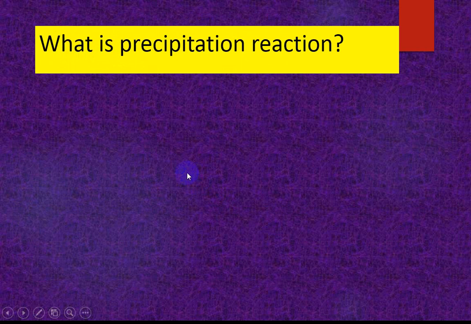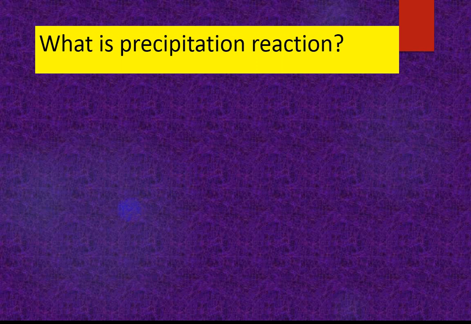What is a precipitation reaction? Have you seen precipitation when two solutions are mixed? Something forms at the bottom of the test tube. This is called precipitation. In a precipitation reaction, why is a substance formed at the bottom?